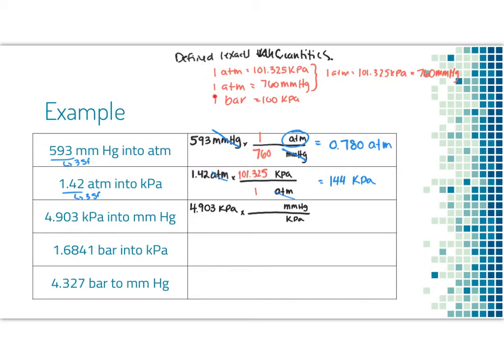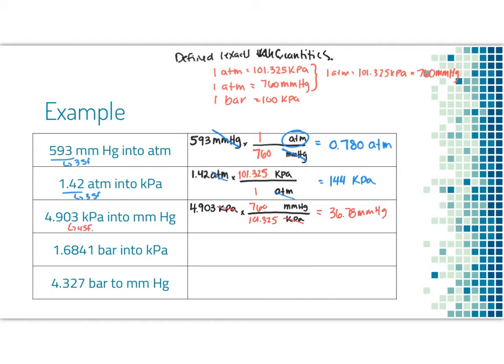However, when we put these 2 together, based on the fact that they both equal 1 atmosphere, we can see that 101.325 kPa is also equal to 760 millimeters of mercury. So I can use that to finish this up, cancel kPa, and we get 36.78 millimeters of mercury. This time we had 4 significant figures.